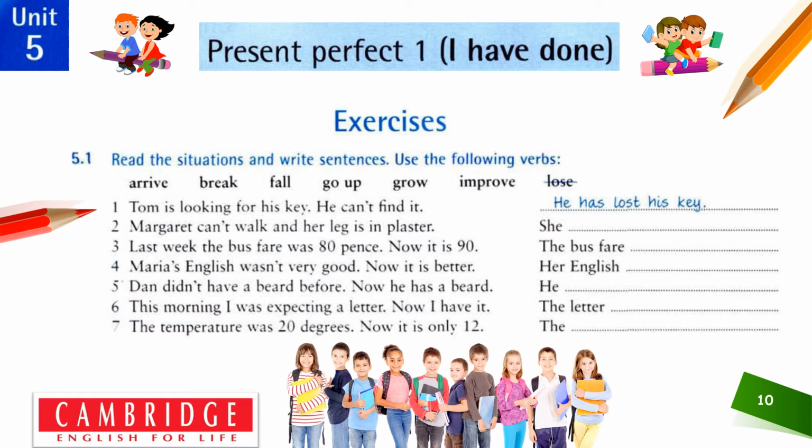So you need to read the situation, and accordingly you should write the appropriate sentences. For example, Tom is looking for his key. He can't find it. What does it mean? He has lost his key. The same way, you need to do the rest of the sentences.